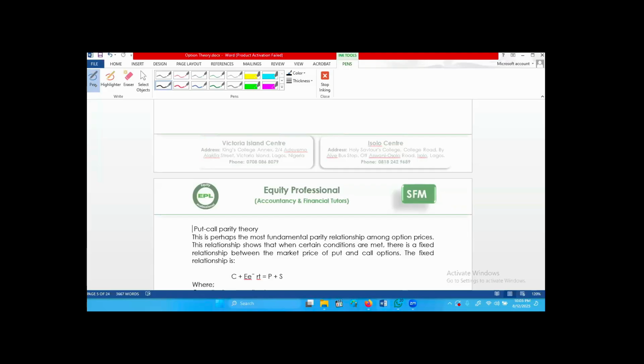This fixed relationship is represented with the equation below.